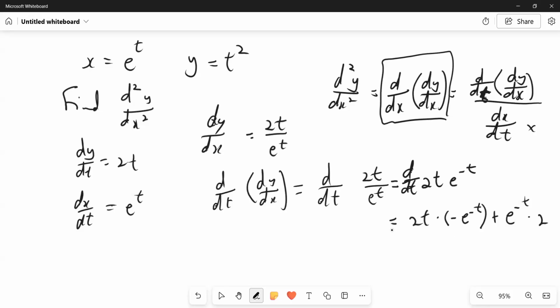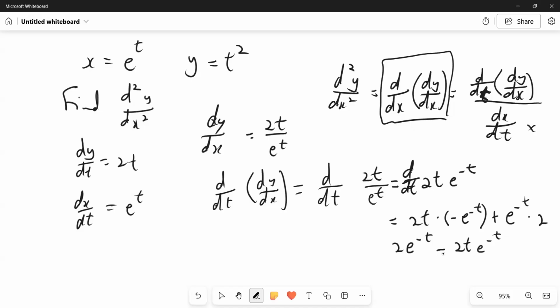So when you simplify all of this, what do we get? Let's put this in front now. We got 2e to the minus t, and at the back, minus 2t e to the minus t.